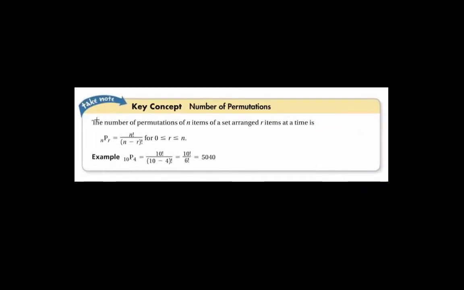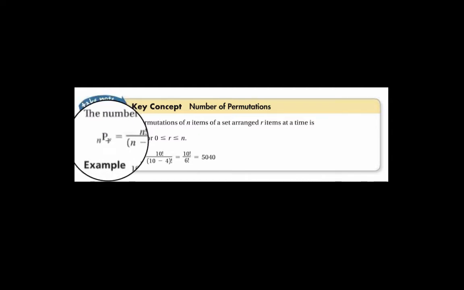We have a key concept, number of permutations. So the number of permutations of n items of a set arranged r items at a time is, and this right here is some notation, a little n, a capital P, and a little r. The n and the r are called subscripts.